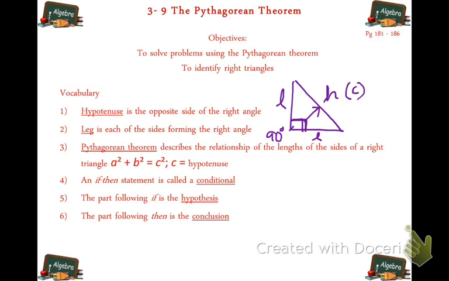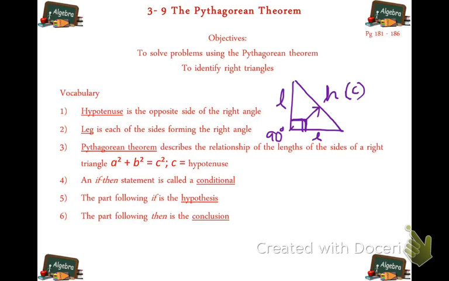Now, we have a theorem that Mr. Pythagoras came up with, and it's described as the relationship of the lengths of the sides of a right triangle. They're just talking about lengths of sides. And it's called a squared plus b squared equals c squared. C will always be your hypotenuse.